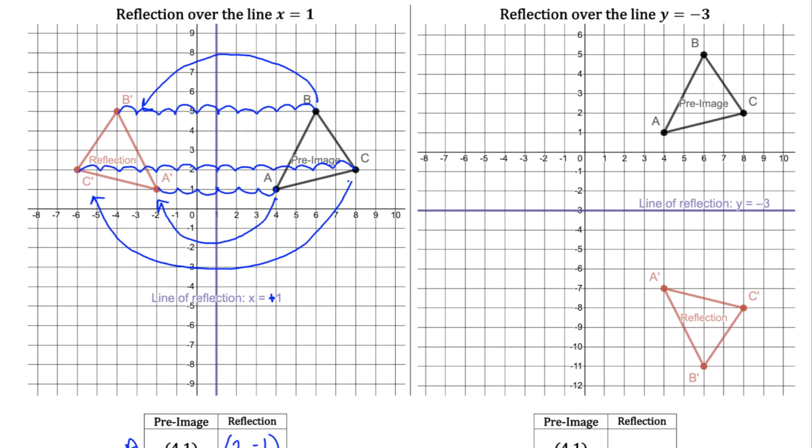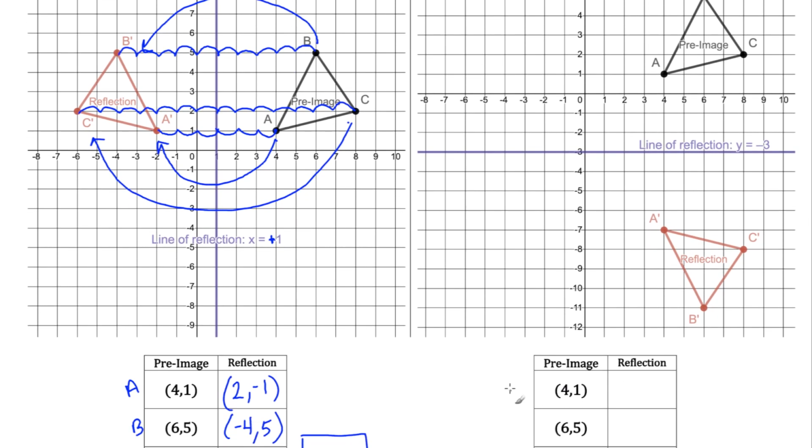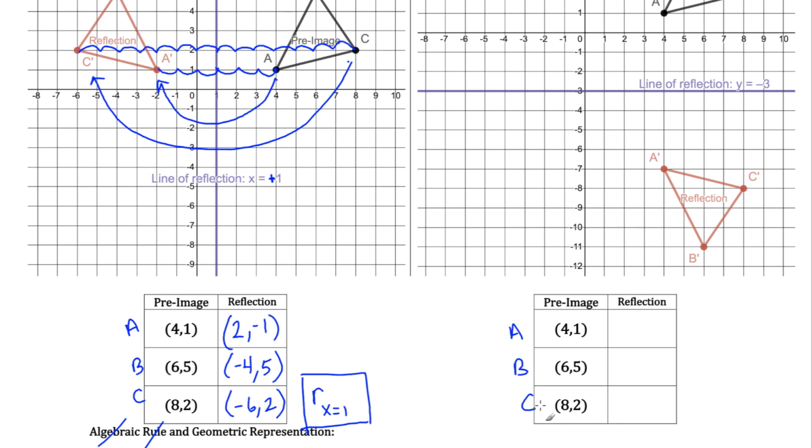Now let's look at this one. So reflection over the line y equals negative 3. So once again, let me explain this line right here. So 1, negative 3, 2, negative 3, 3, negative 3, 4, negative 3, 5, negative 3. The y on all these points here is always negative 3. So we were at 4, 1. Let me finish writing this.